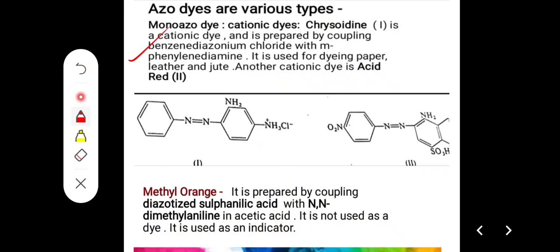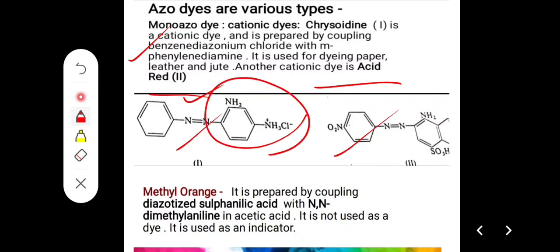It is used for dyeing paper, leather and jute also. Another cationic dye is acid red. These are the examples. One structure is chrysoidine, that is benzene, N double bond N, this structure, and the other is acid red, this structure.